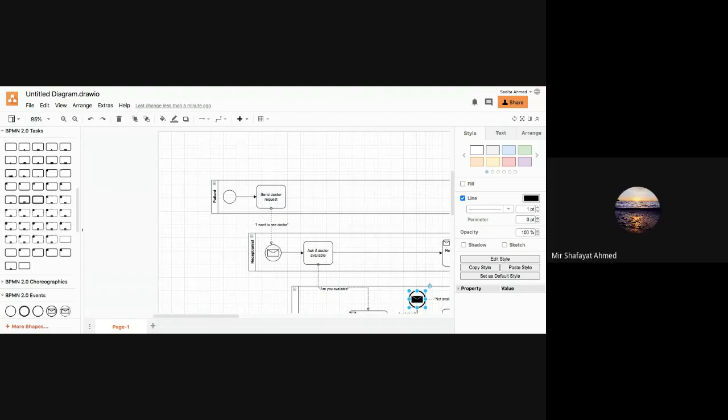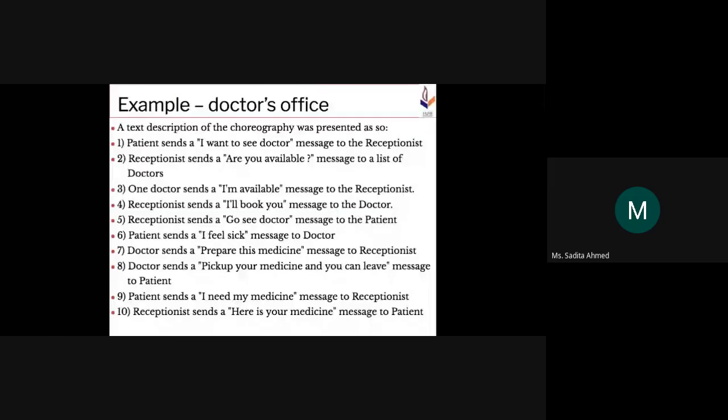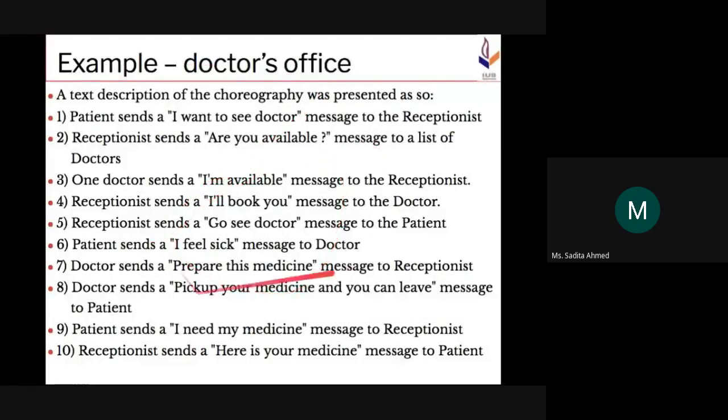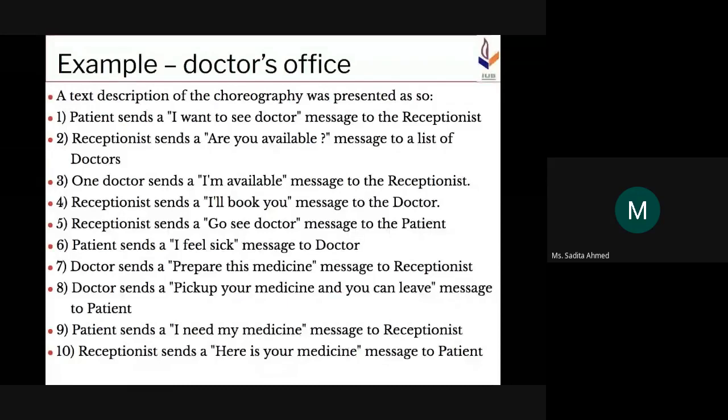Arrange maybe. Okay, in the meantime, can you guys please tell me if you have any specific part here which you want to discuss? AJ, the whole text description, is there any part of this text description that you specifically want to discuss or want me to discuss?